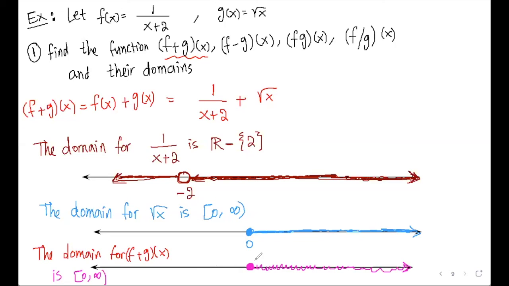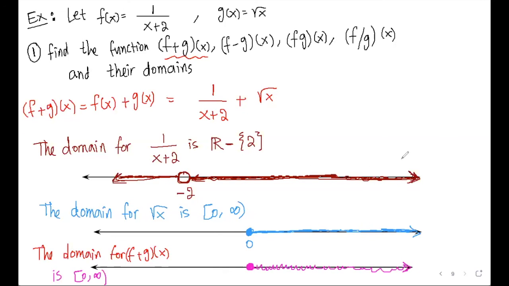It makes sense now how to find the domain, how to find the intersection between both domains. Draw a line for the first function, a line for the second one. You see the intersection between both lines starts from 0. 0 is used for both lines, and any number greater than 0 is used.